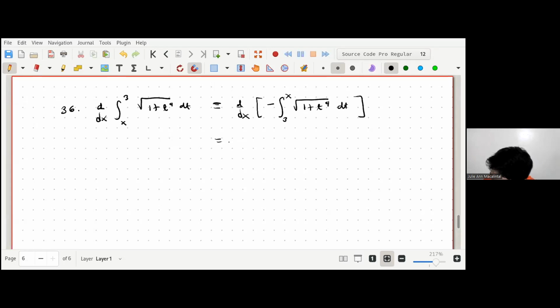And then, yung negative sign pwedeng lumabas. And then, in the form na applicable na yung theorem, so we get negative square root of 1 plus x to the fourth. Okay na?